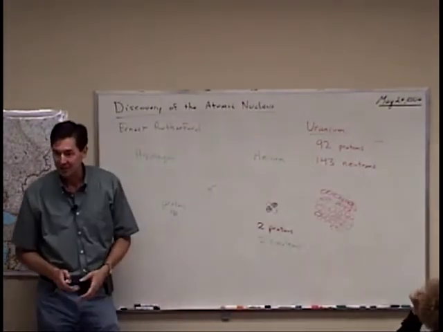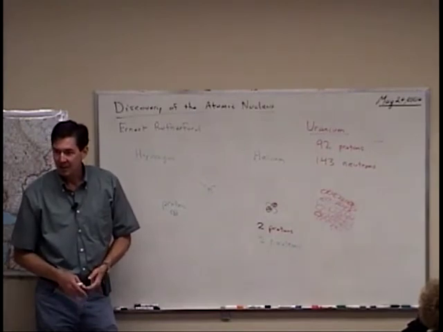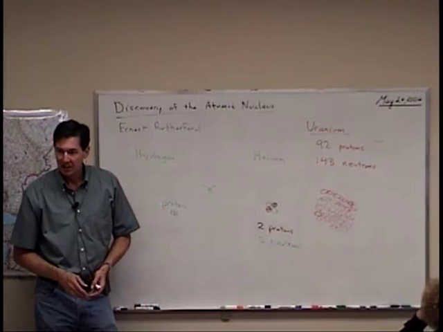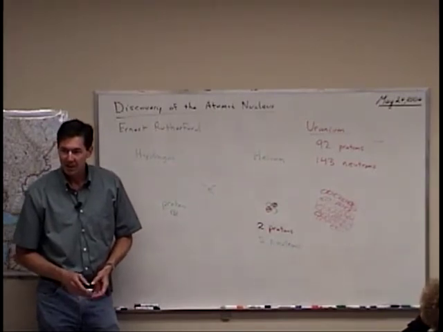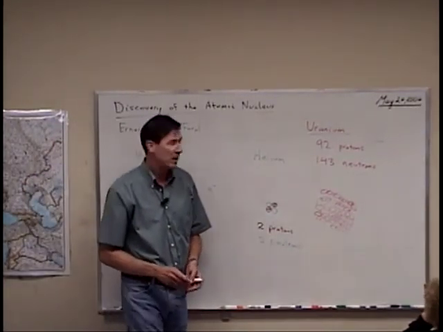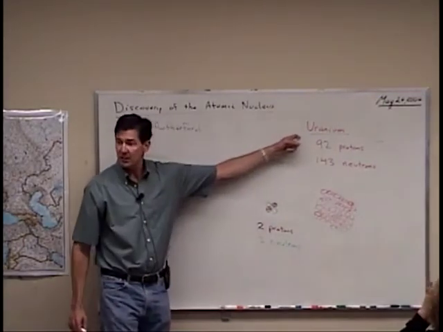Yeah, Troy. Is that why when you have an element that has so many protons, when you put it in a vacuum, the positive charges come off? Yeah, for uranium, it's exactly right.